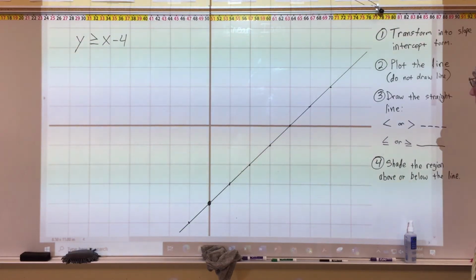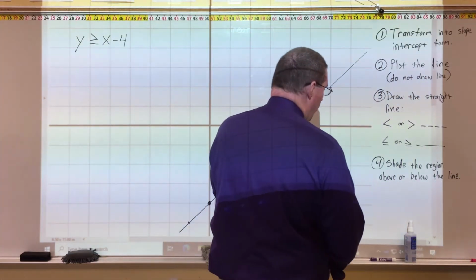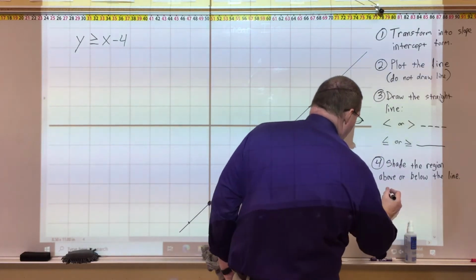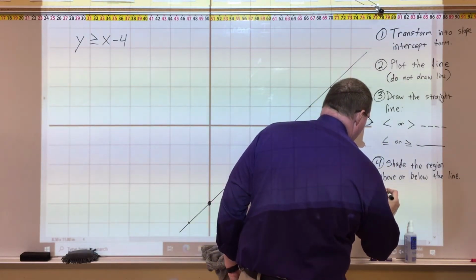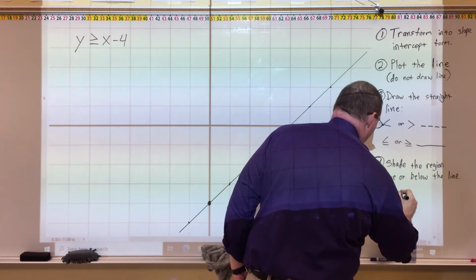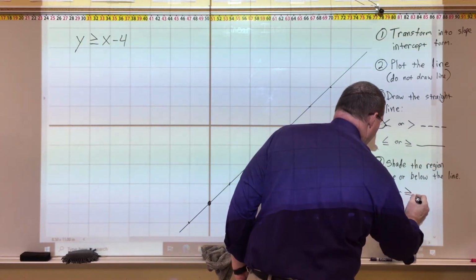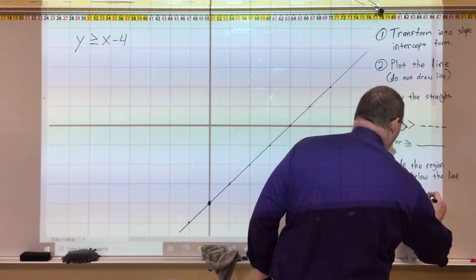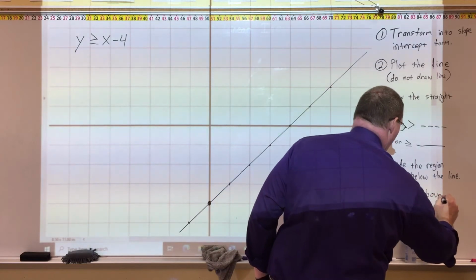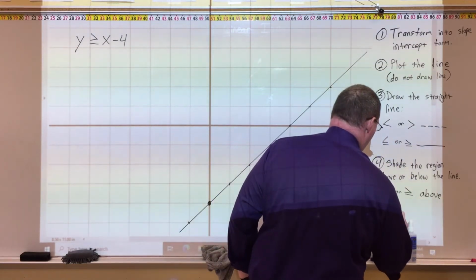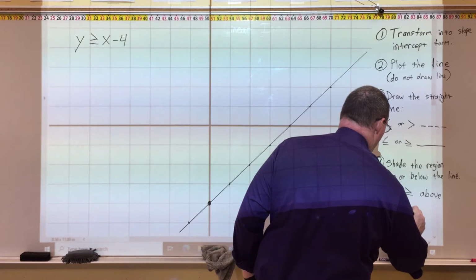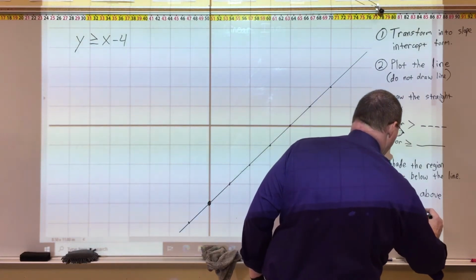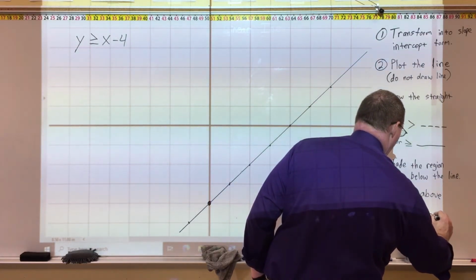And here's how you're going to determine. If the symbol is greater than or equal to, you're going to go above. If it's less than or equal to, that's where you're going to go below.